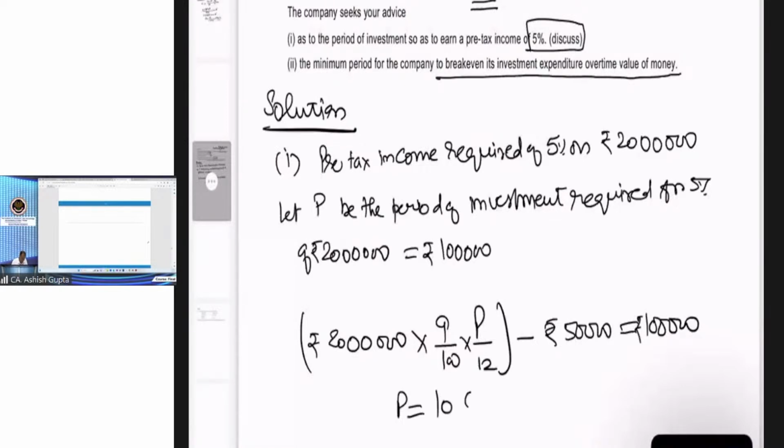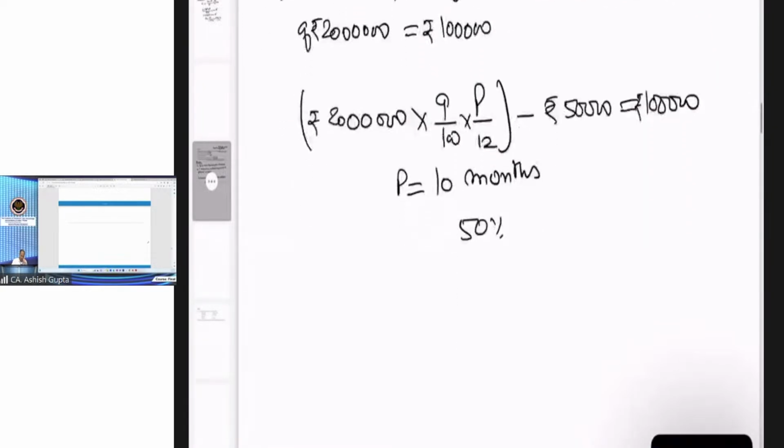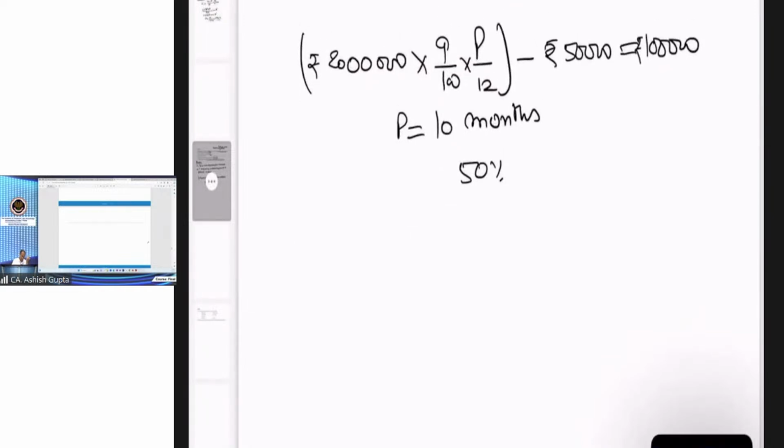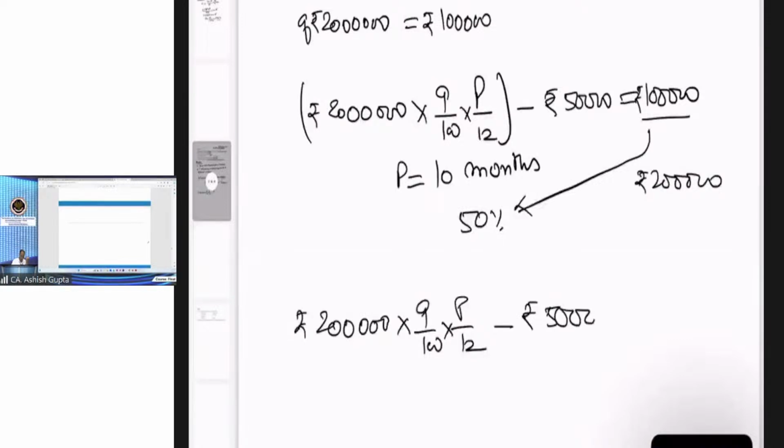The answer will be, now suppose the tax rate is 50% and both these are deductible, then what will be the answer? Accordingly, my pre-tax income will be doubled. That is, 2 lakh will be required. So accordingly, my solution will be like that. Okay, now let us compute.